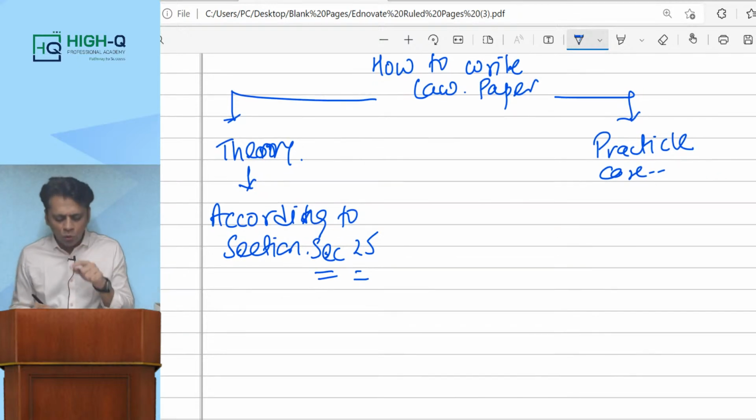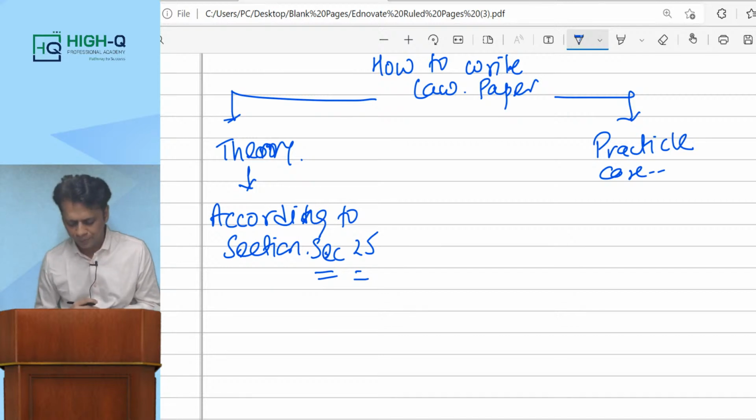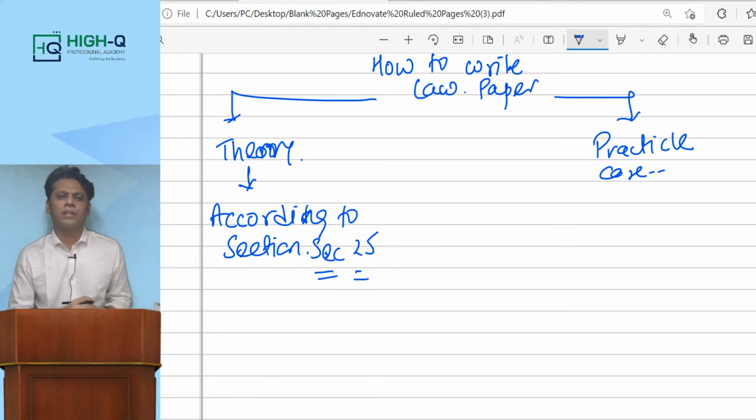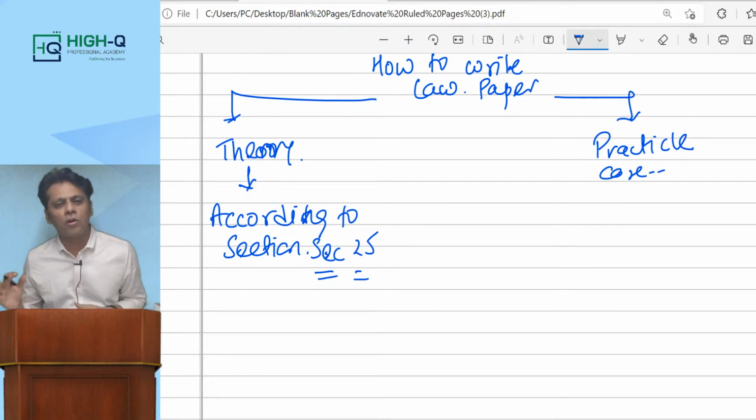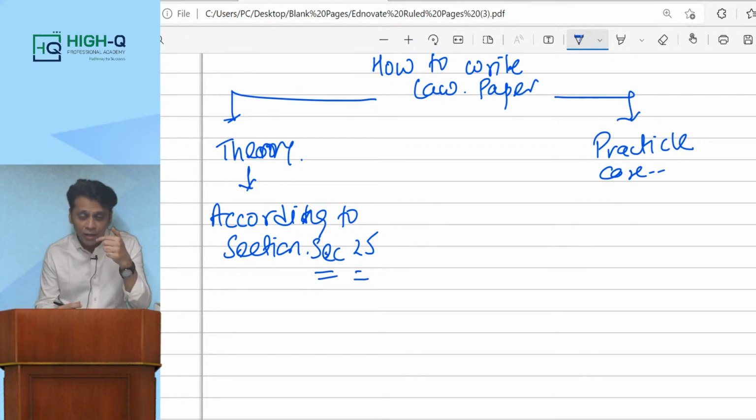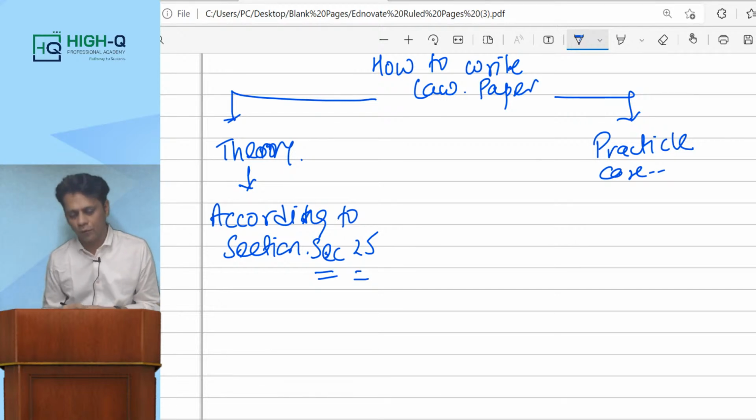Here I am showing you how to present the answer. According to section 25, an agreement without consideration is void. This is the statement of section 25. It means if there is no consideration, there is no contract. Now how will you write the answer? That I am showing you.